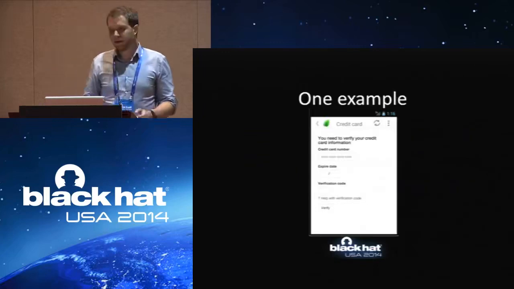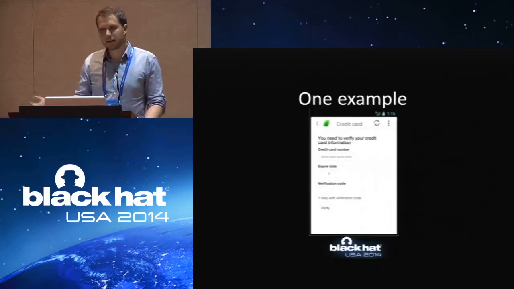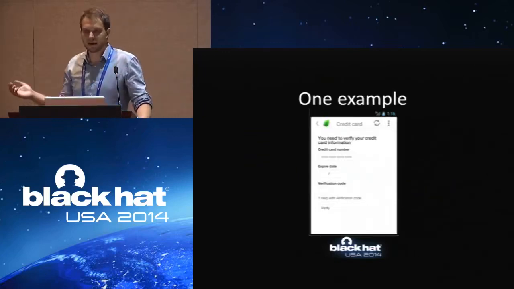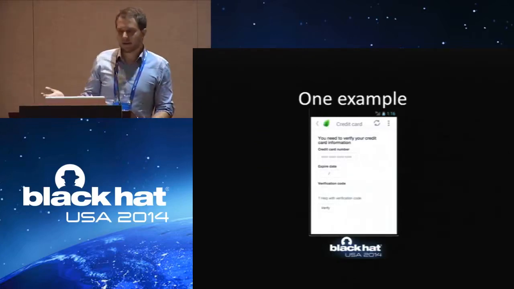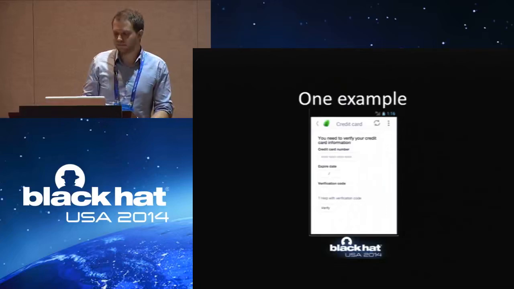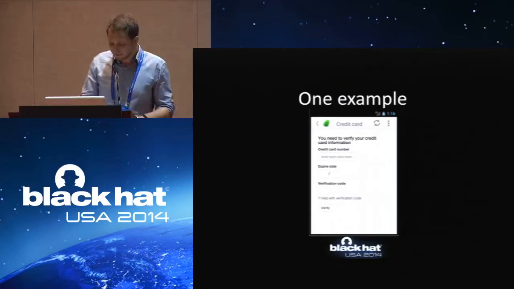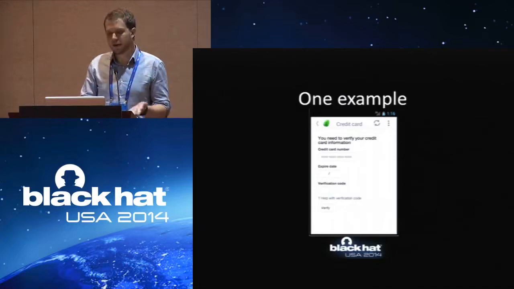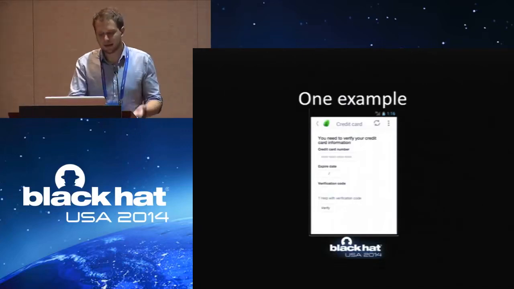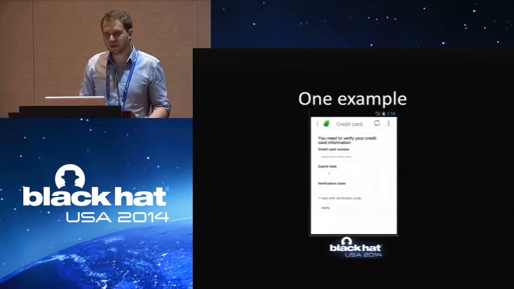I just want to give you one example. This is one popular financial tracking application. And this application was exposing, in this activity, this capability to basically load every URL into the visible context of the application.